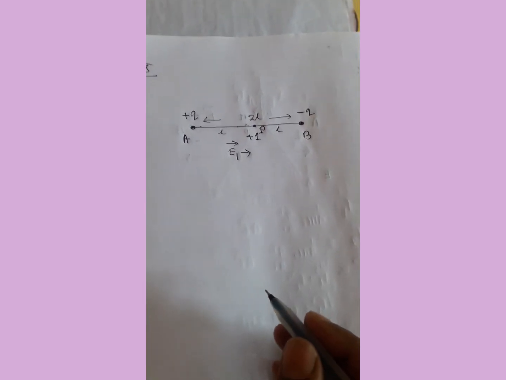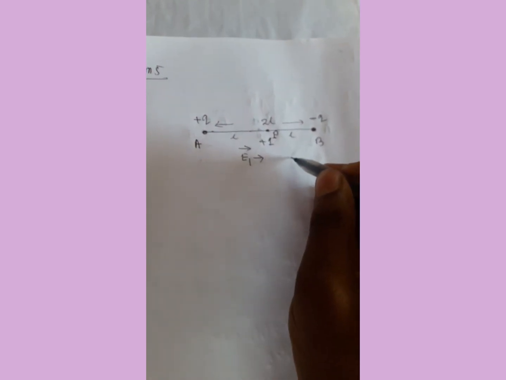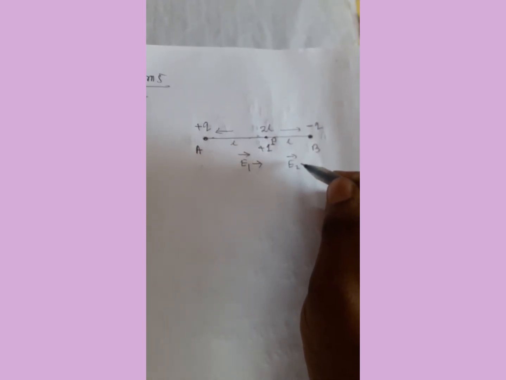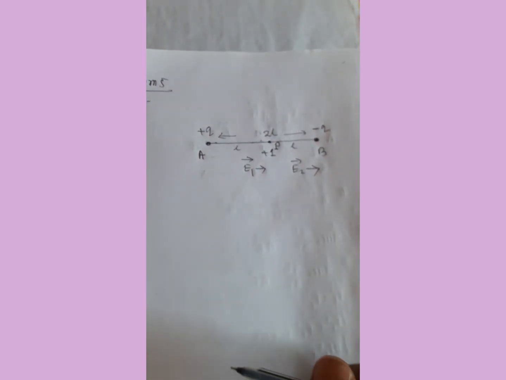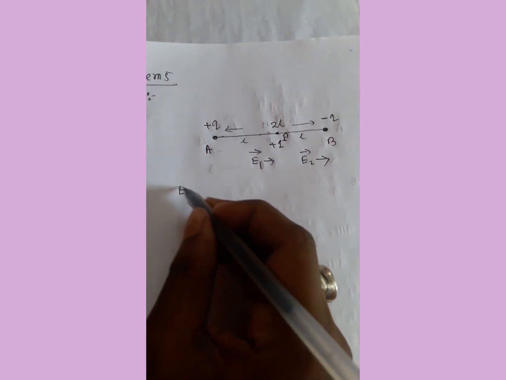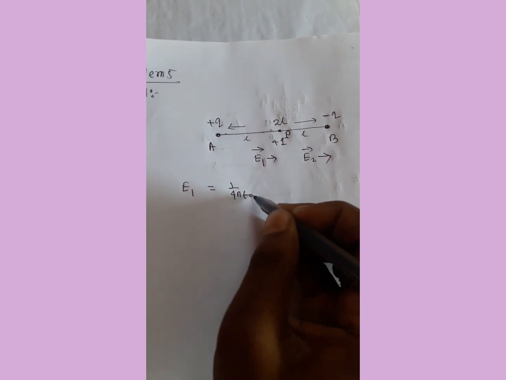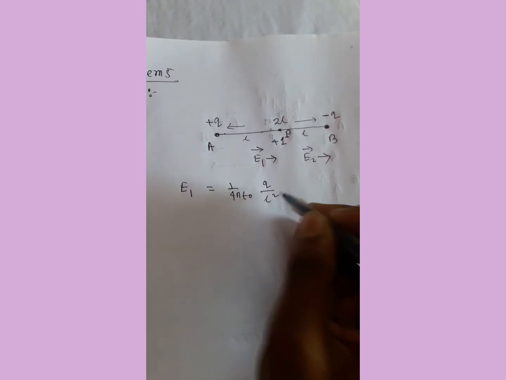Similarly, the electric field due to the minus q charge at the point P is E2. This is also along the direction PB, because the unit positive charge plus 1 will be attracted by the charge minus q placed at B. Now E1 equal to 1 by 4 pi epsilon naught, q by l square.